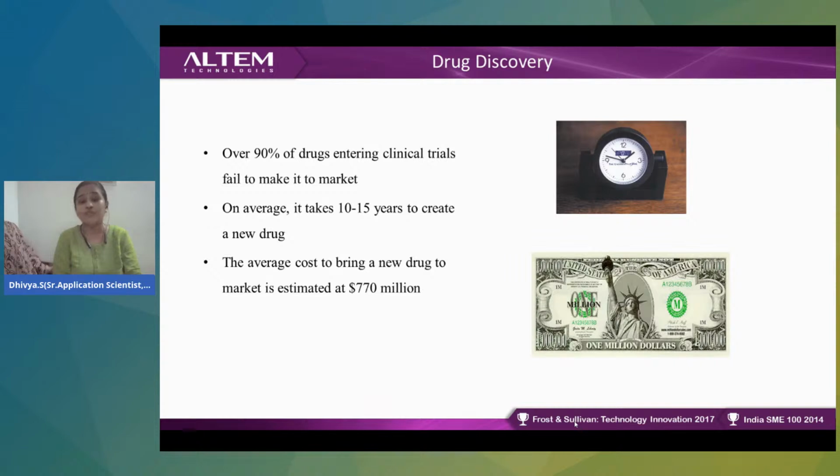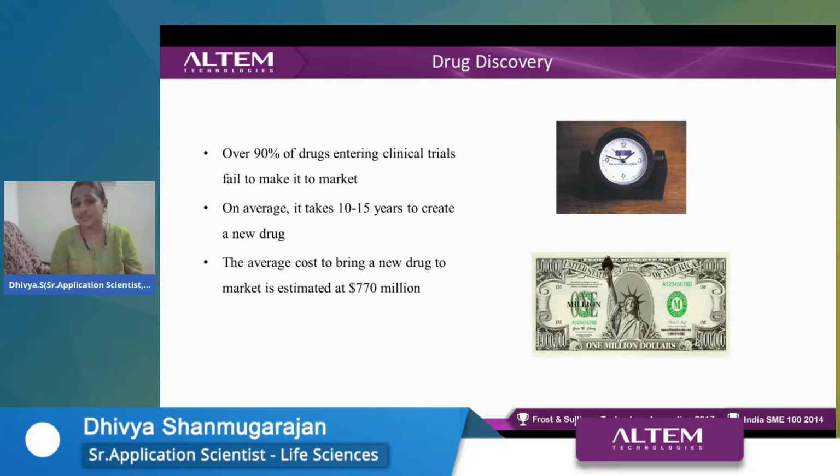So what if it fails in an intermediate stage, in preclinical testing, or in the clinical trial phases? Whatever money, energy and time we spend is going to be a waste. So how do we address or overcome this issue?